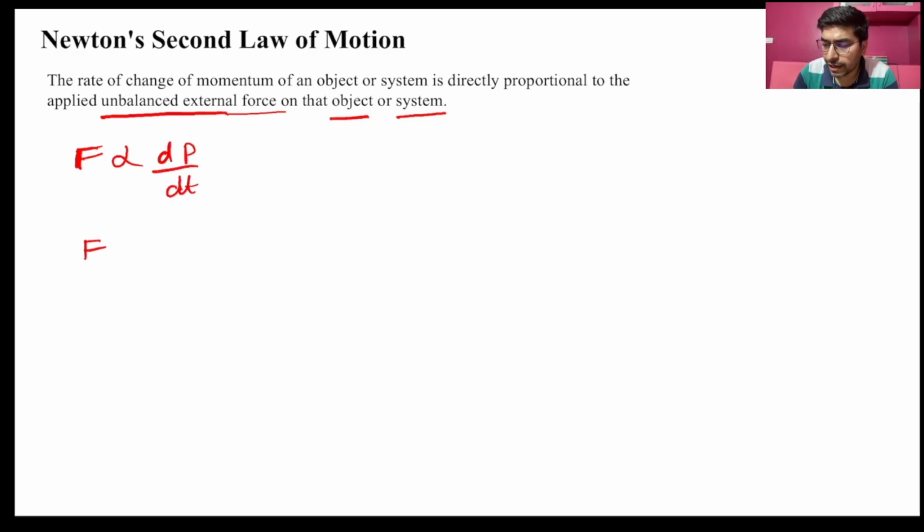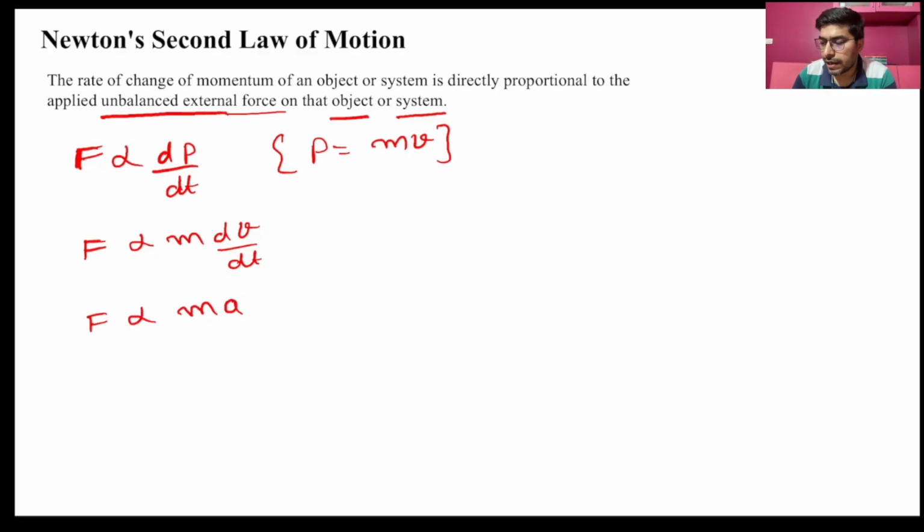So F is proportional to dp by dt, and p is m into v. If m is constant, we can write m dv by dt, so proportional to m into a. Now if we remove the proportionality, suppose a constant k comes into the picture.